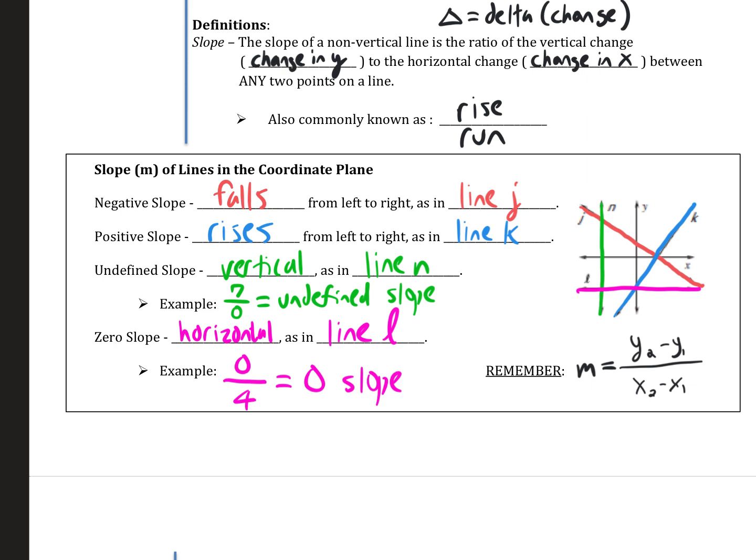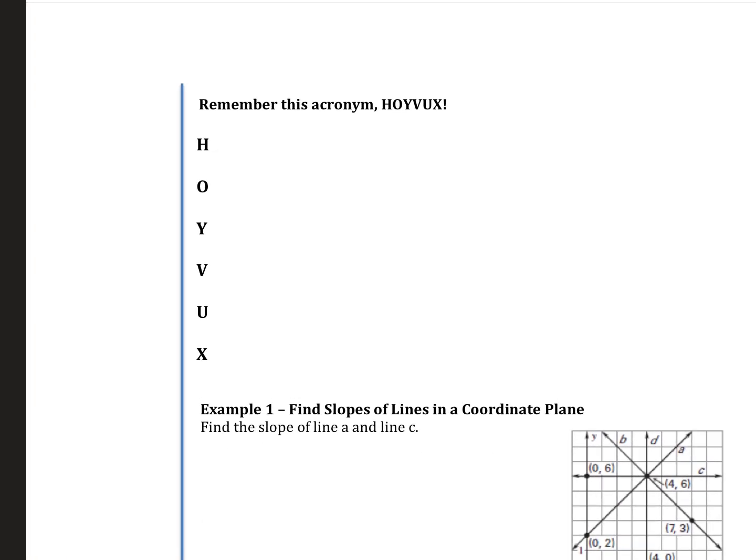Some of us struggle to remember horizontal and vertical lines, so we're going to have a nifty little acronym to help us remember this. It's called HOY-VUX. I'm going to draw a horizontal line here to separate them. So the top is HOY, which is a horizontal line. The O is actually 0, so the slope equals 0.